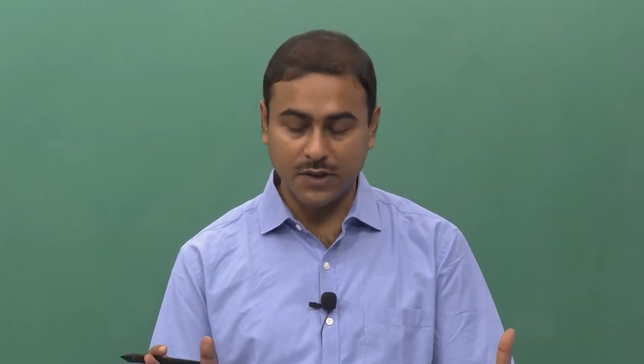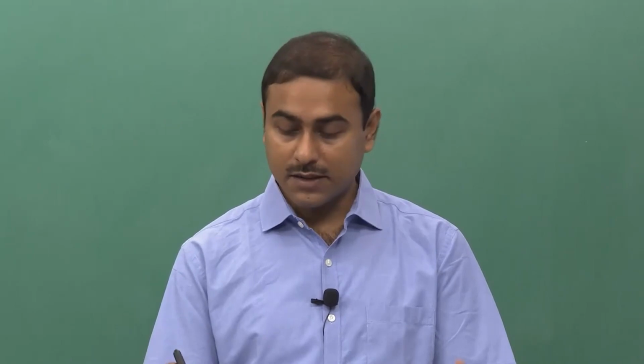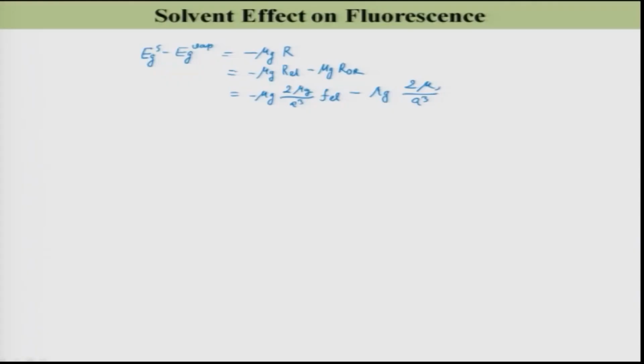Orientational relaxation is slow, right. So, in this case I will again use that mu E, not mu G. So, this is twice mu E by A cube into F OR, and I am almost done over here.